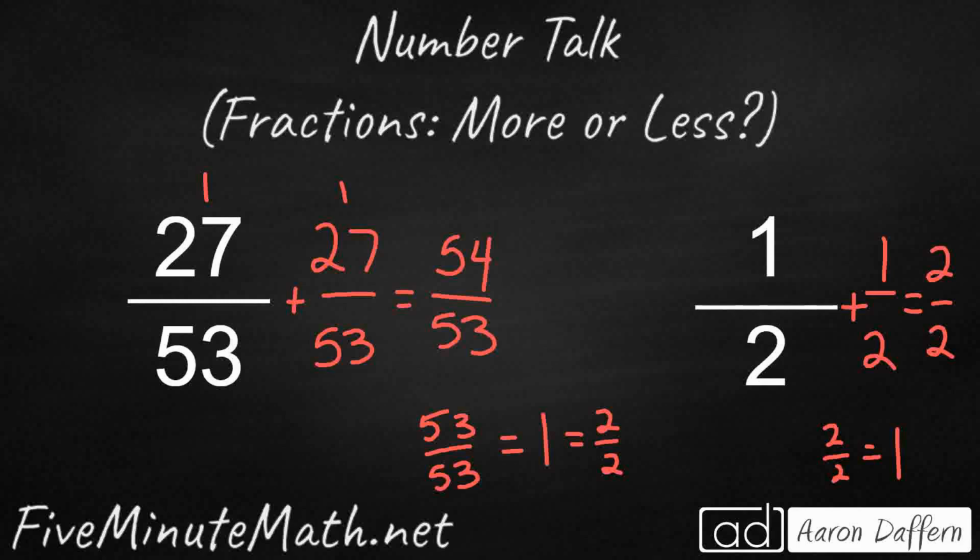So when I added 1/2 to itself, or doubled it, I got one whole exactly. When I added 27/53 to itself, or doubled it, I got slightly more than one whole, because 54 is just one bigger than that 53. That is an improper fraction, which makes me think that 27/53 is going to be a little bit bigger than 1/2, because when I doubled it, I got something bigger than one whole.